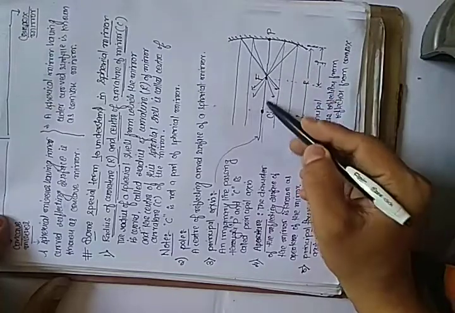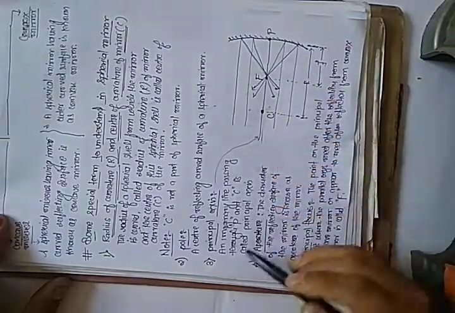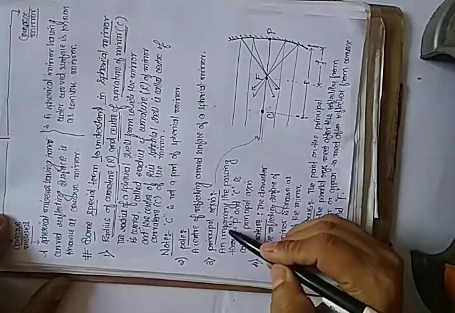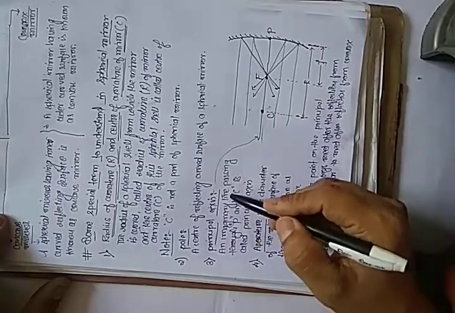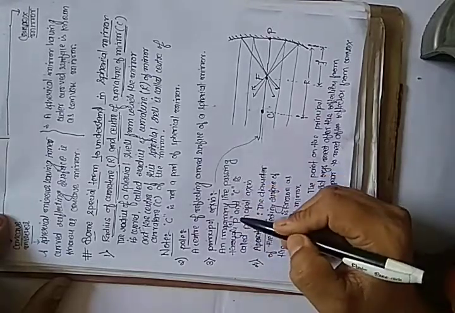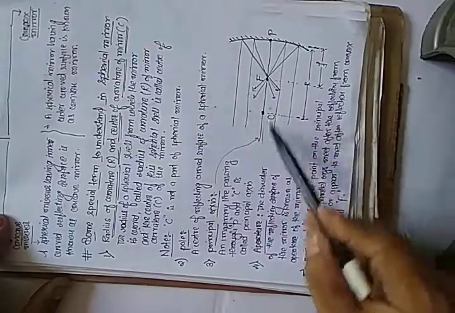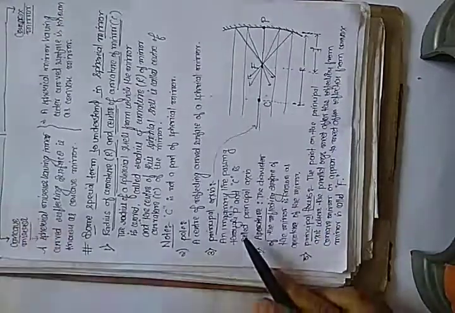This line is called principal axis. Keep in mind, if somebody asks you the meaning of principal axis, it is an imaginary line. We cannot see it, but we are imagining it. It is an imaginary line passing through the pole and center. So when we pass a line from center to pole, that is called principal axis.